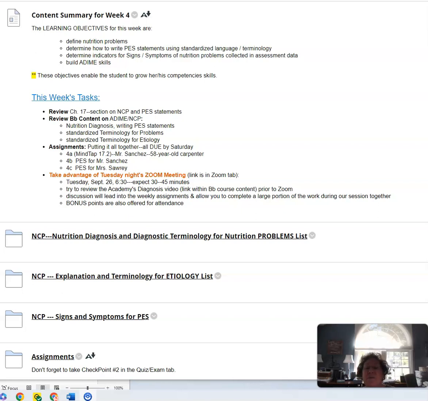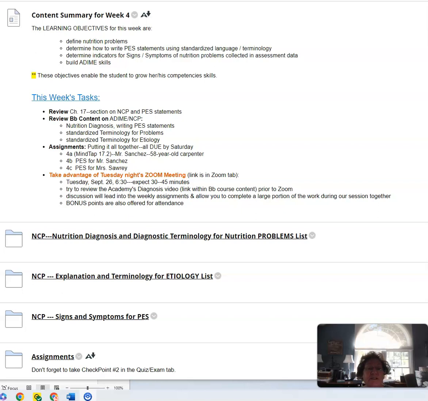For instance, the problem we diagnose is, let's say, inadequate energy intake, which we discover is related to lack of appetite. Or another problem might be food and nutrition related knowledge deficit. They don't understand.